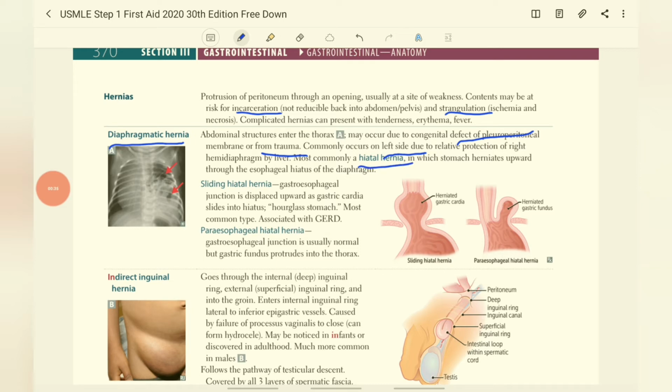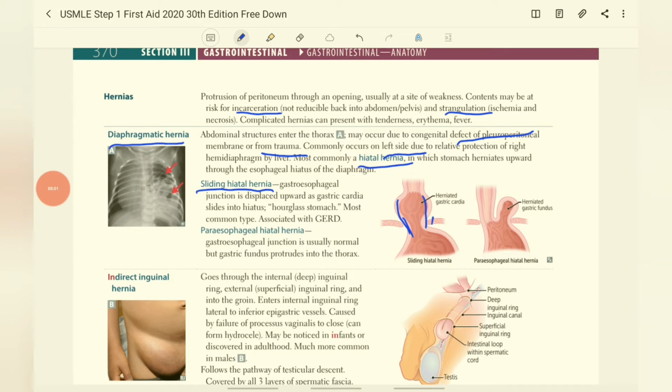Hiatal refers to the esophagus, and we can classify hiatal herniation into two: one is the sliding hiatal herniation and the other is the paraesophageal herniation. Sliding hiatal herniation means that it is sliding through the normal orifice of the esophagus, like here.